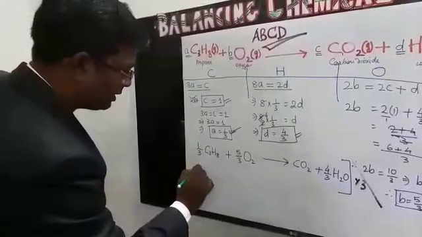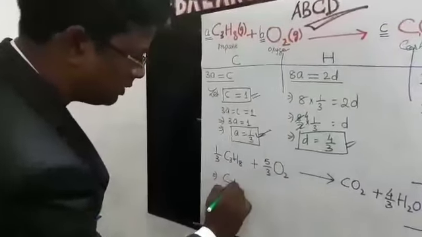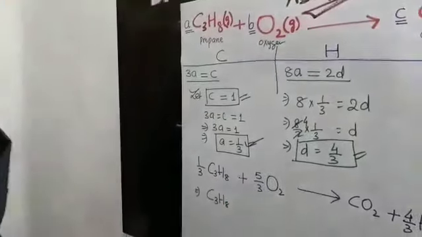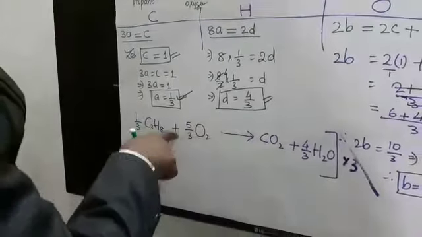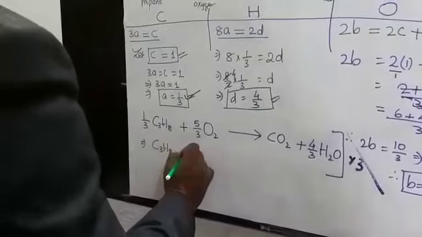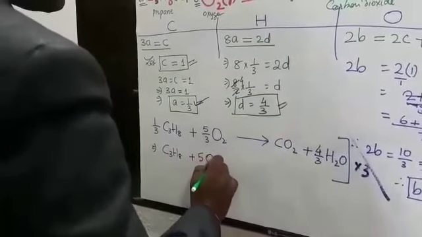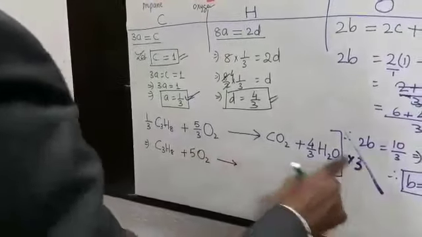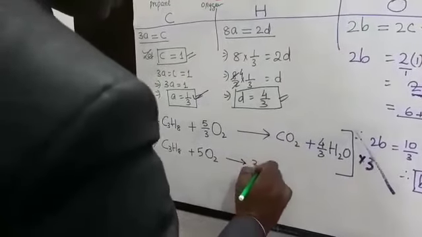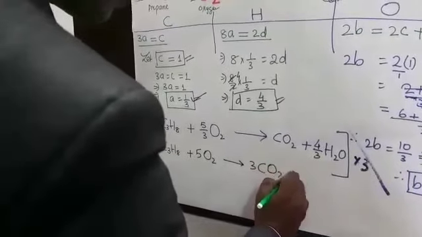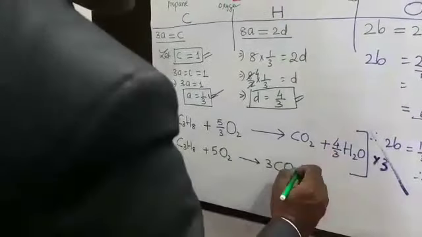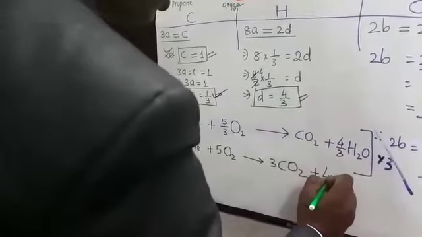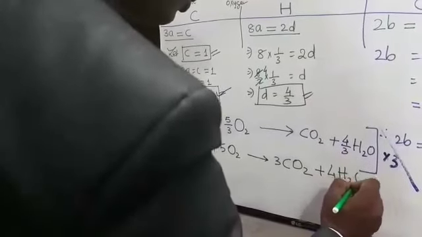We straightway get C3H8. Then when we multiply 3 into 5 by 3, it comes to 5 O2. 3 into CO2 is 3 CO2 plus 3 into 4 upon 3, 3 cancels out, it becomes plus 4 H2O.